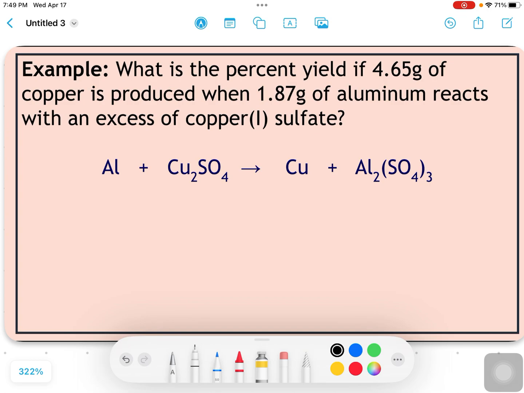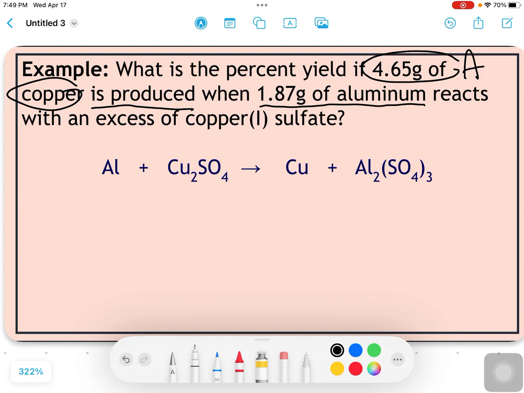So I see the words is produced, and they're talking about the copper here. So the copper is going to be my actual. And it's saying is produced when this reaction takes place, when the aluminum reacts with excess copper(II) sulfate.